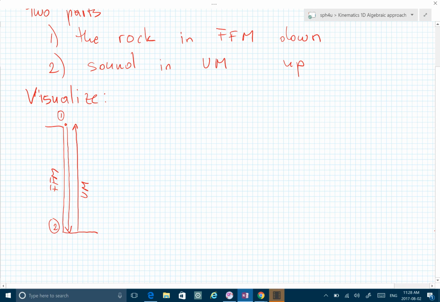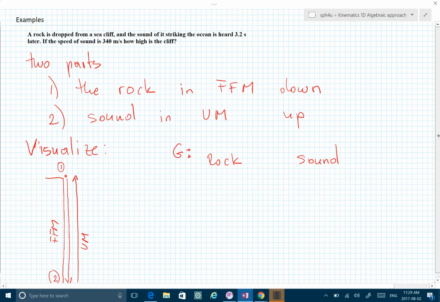Now that we've done that, let's see what is given to us. We have two objects: the rock and the sound. For the rock, it says it's being dropped.